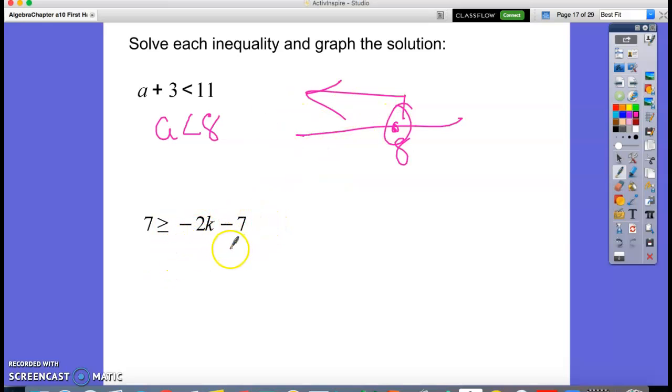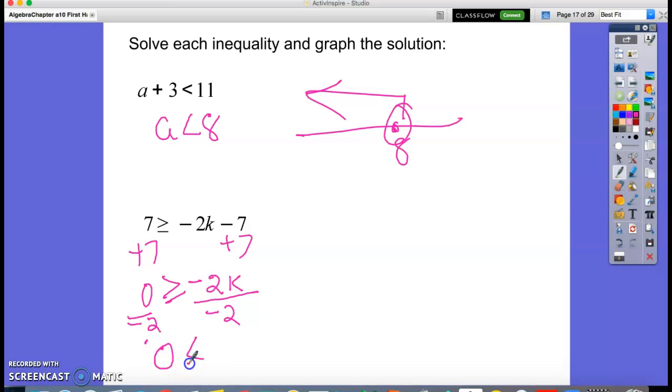This one, I'm going to add 7 to both sides. Now I need to divide both sides by negative 2. Remember, when I divide by a negative number, I need to flip it.